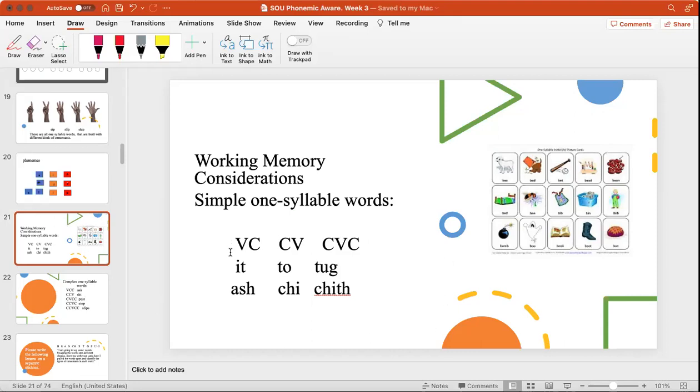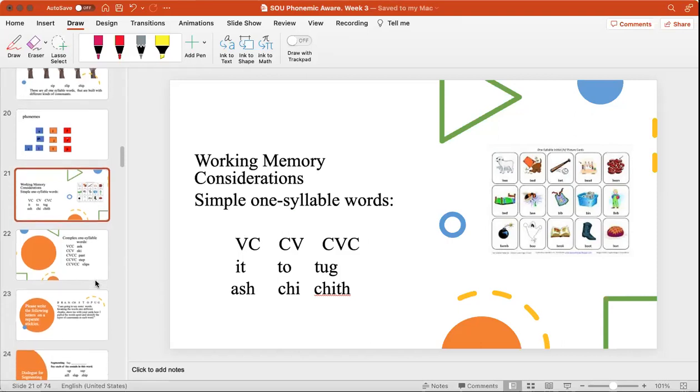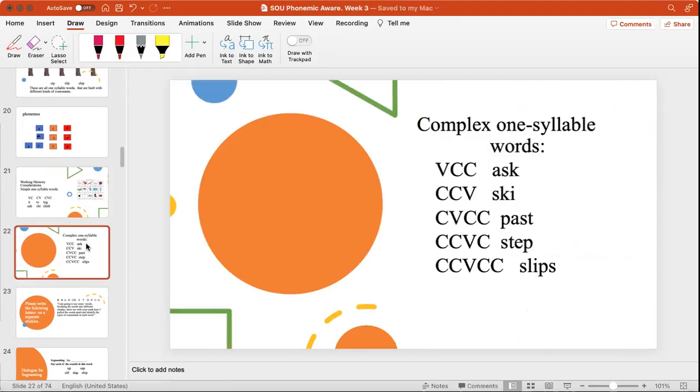When you begin to work with students, you want to start out with VC and CV words. And if they can do those, you go on to consonant, vowel, consonant words. If they can do that, then you go to complex one syllable. The difference between a simple one-syllable word and a complex one-syllable word is when you have consonant blends, two consonants that keep their sounds sitting right next to each other.